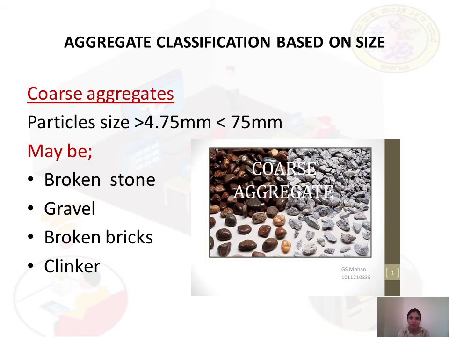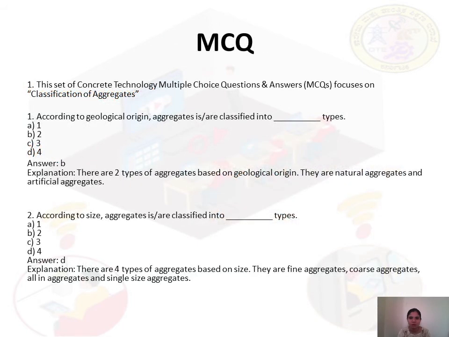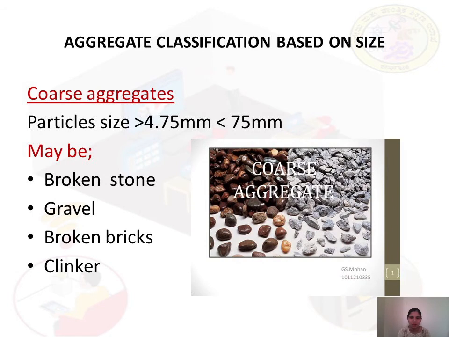The examples may be broken stones, as you can see in the sketch, gravels, broken bricks, and clinker. Okay, these can all be used as coarse aggregates. I hope you have understood the classification of aggregates based on size, that is fine aggregates and coarse aggregates.